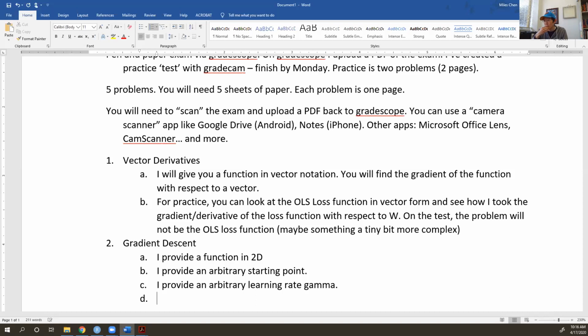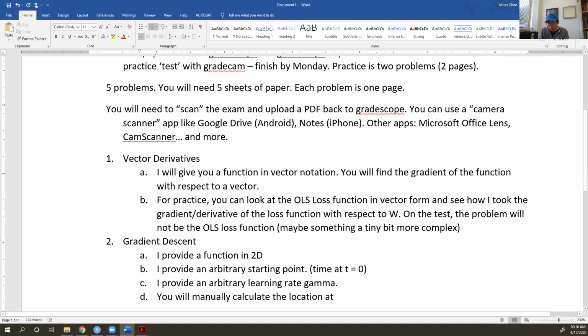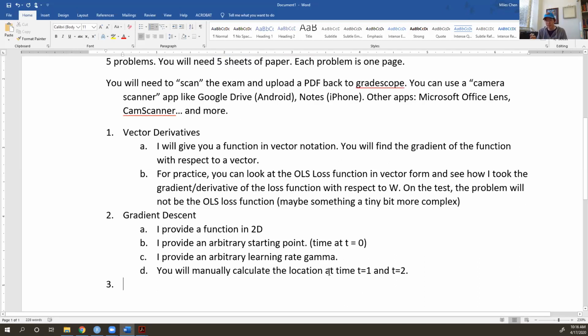Then you are going to calculate manually the location at the starting point, so time t equals 0, and then manually calculate the location at time t equals 1 and t equals 2, applying the gradient descent algorithm.